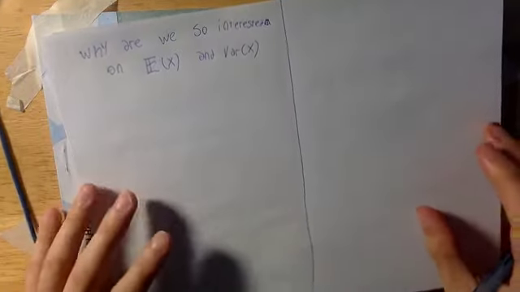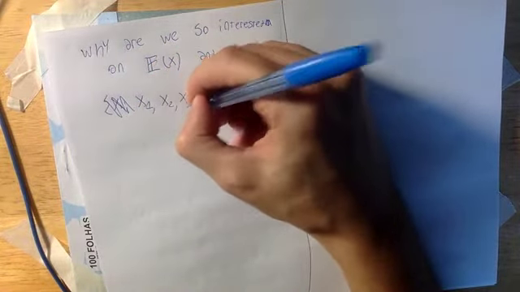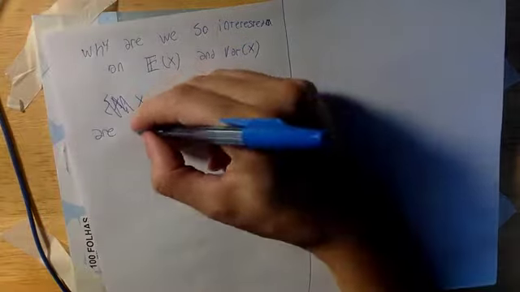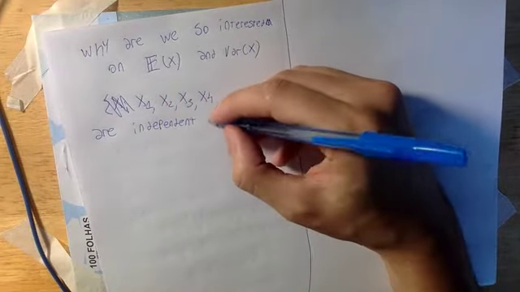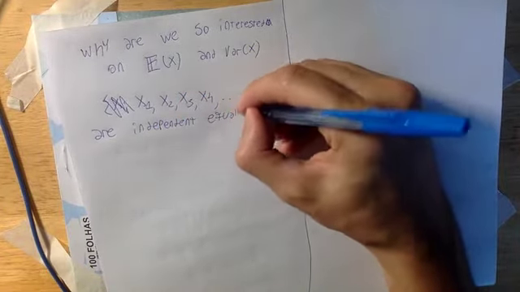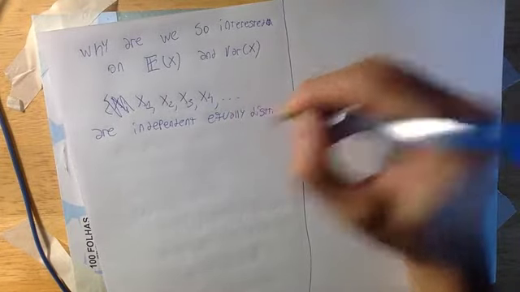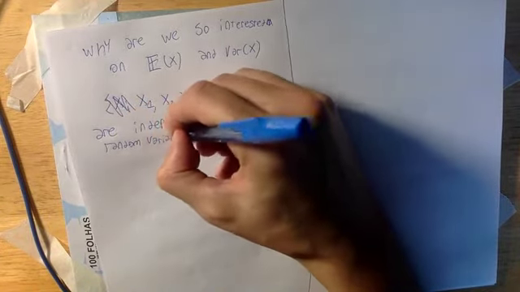One of the things I said in one of the first classes is, let's say that X1, X2, X3, X4, and so on are independent, identically distributed random variables.